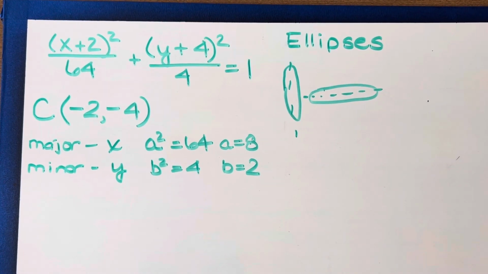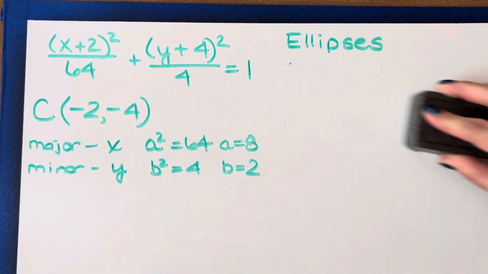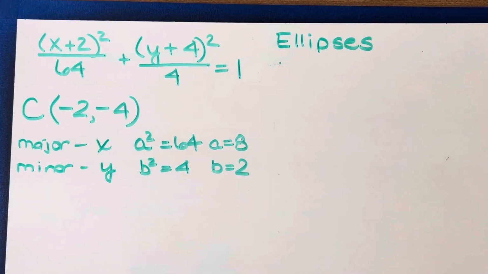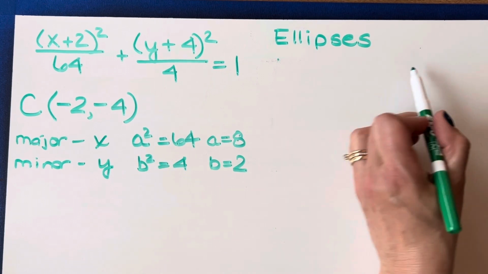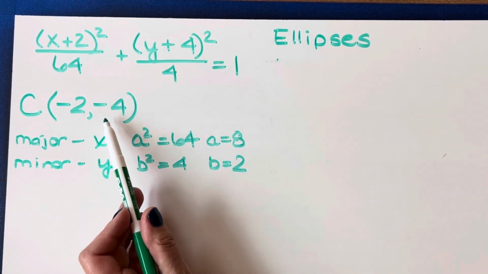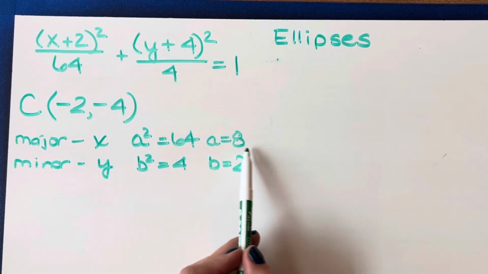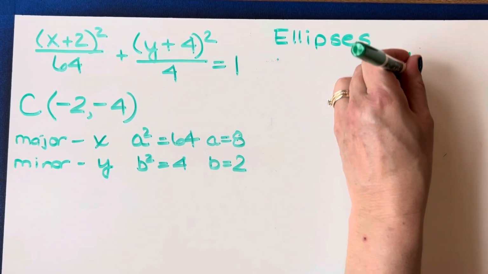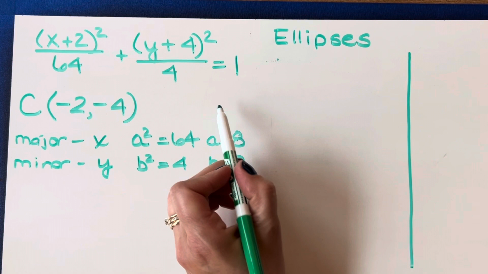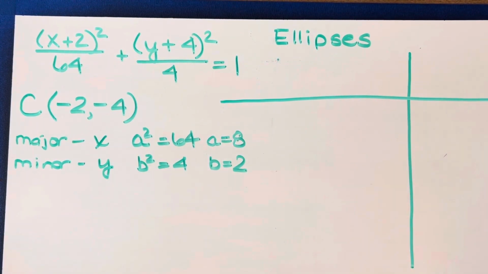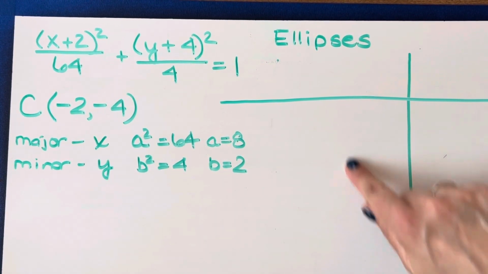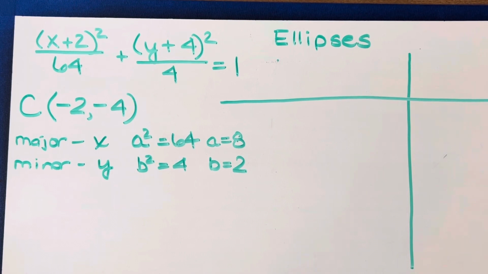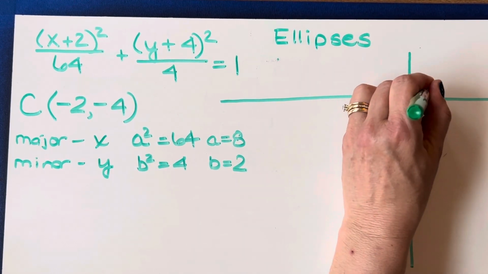So at this point, we can go ahead and start making a sketch of what our picture is going to look like before we move on to find other values. So since I want to be in quadrant 3, and I have a really long value for my x-axis, I think what I want to do is make my graph so I have a really big spot over here for my center and then for my other values.